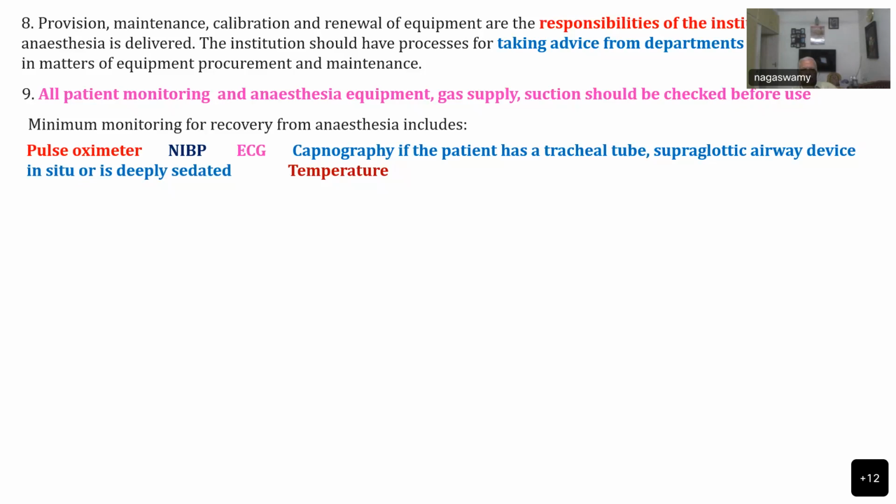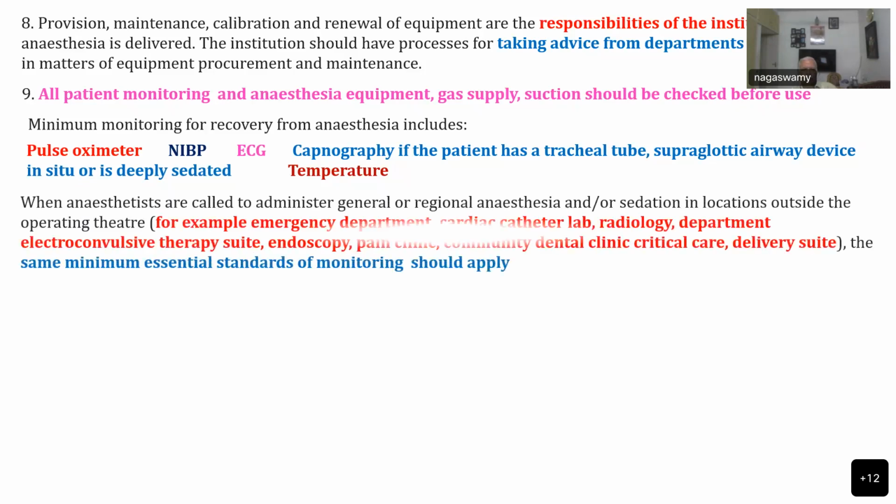Then, when anesthetists are called to administer general anesthesia or regional anesthesia or sedation outside the operating theatre, for example, in the emergency department, cath lab, radiology department, electroconvulsive therapy suite, endoscopy suite, pain clinic, dental clinic, or labor room, the same minimum essential standards of monitoring should apply.